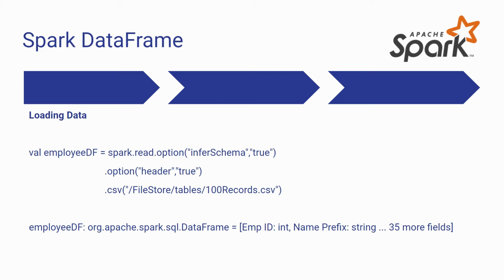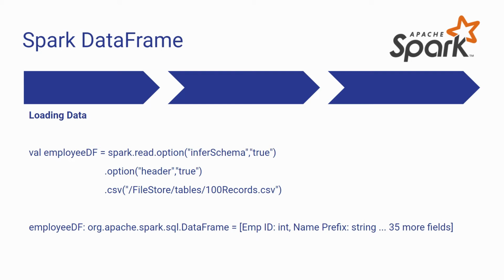Option header true indicates the data file which we are going to load will have a header, that is the first line of the file which identifies the column names. Then csv, and we have specified the file name and location, that is FileStore/tables/100record.csv.